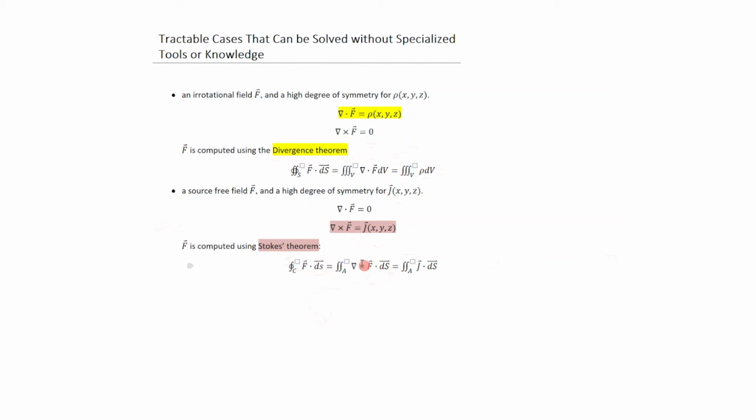But the curl of F is J. And so if we know what this is, we can compute the right-hand side. Now the trick is to somehow get F out of here so that we can compute its value. If there's a high degree of symmetry, then this side becomes relatively straightforward to compute. This is going to be easy to compute, but tricky, because the difficulty will depend on the type of current distributions that you're dealing with.